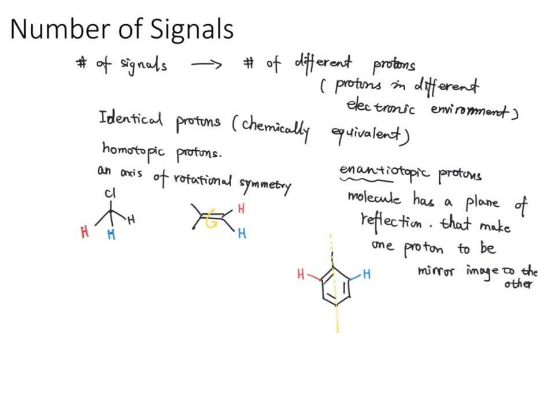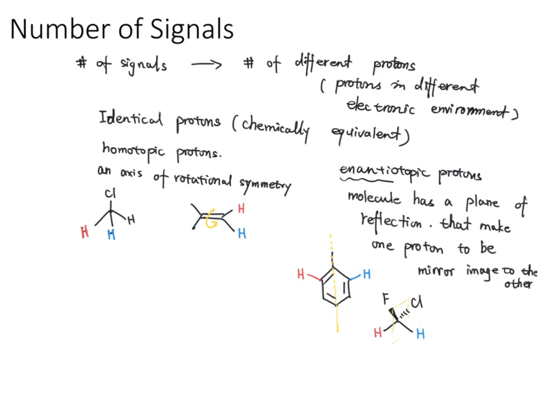Let's look at another example. If we have this molecule right here, with fluorine and chlorine, and we have this red hydrogen and blue hydrogen, we can still find a reflection plane inside this molecule, because this molecule is not a chiral molecule.